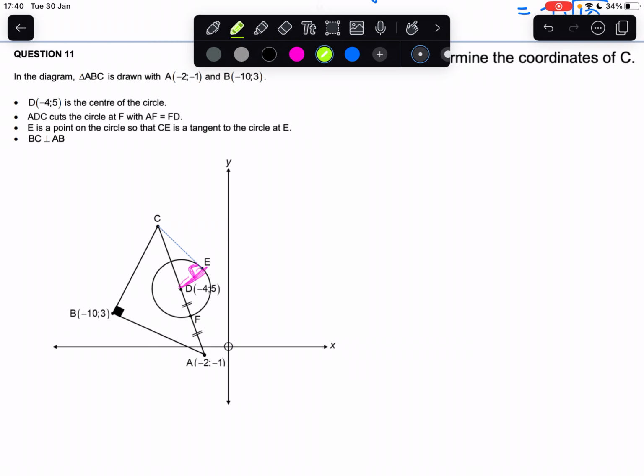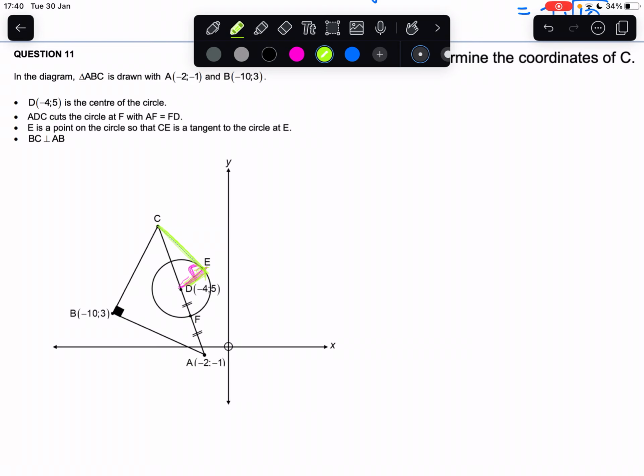Actually, I think there's a combination of things. Can I get the coordinates of E? Because if I could get the coordinates of E, then I could get the equation of this line because of that perpendicular relationship.